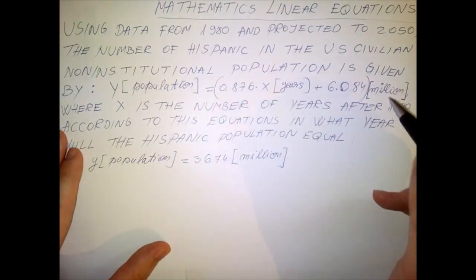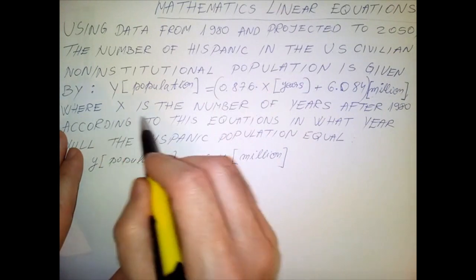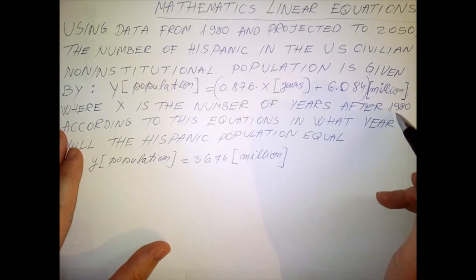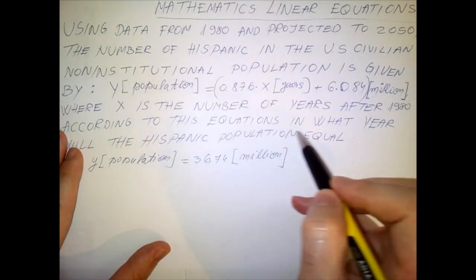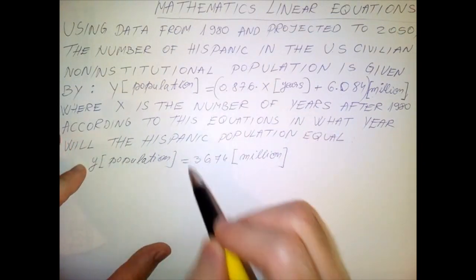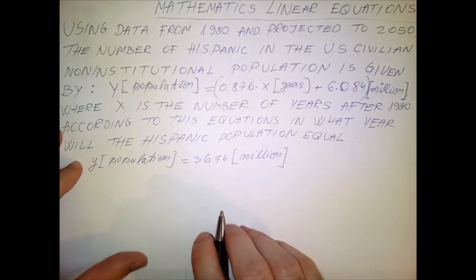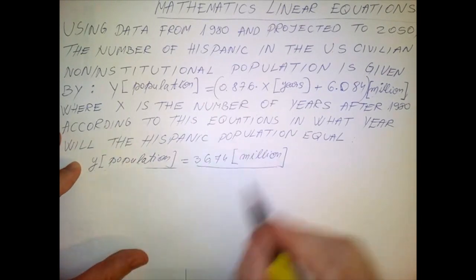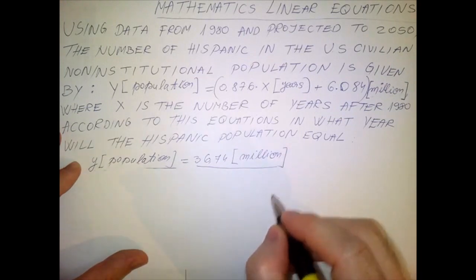These equations are in millions, where X is the number of years after 1980. According to these equations, in what year will the Hispanic population equal this Y population, this number of population?